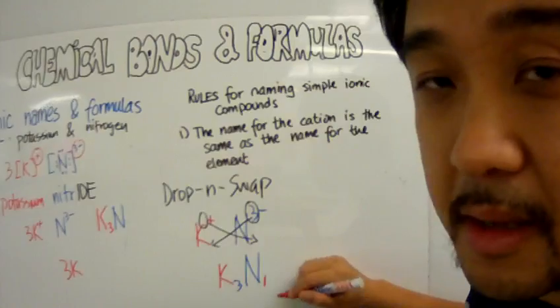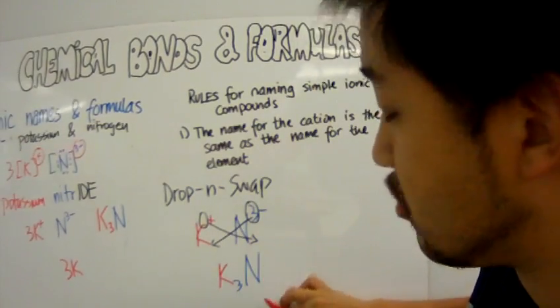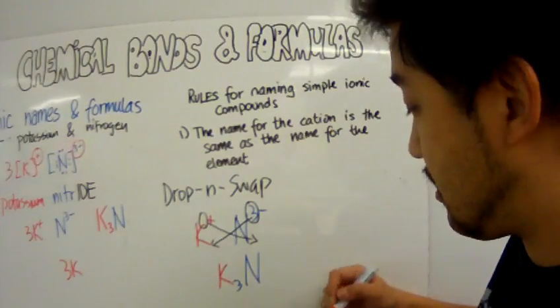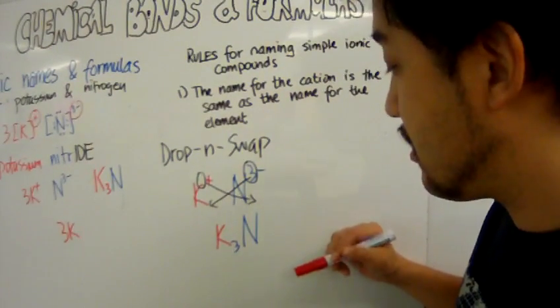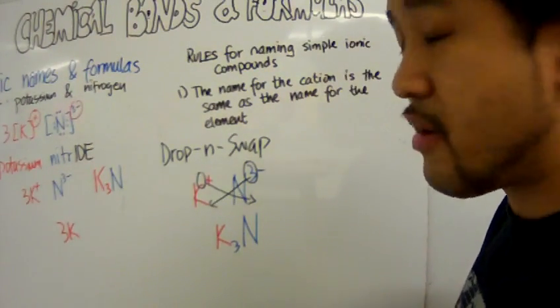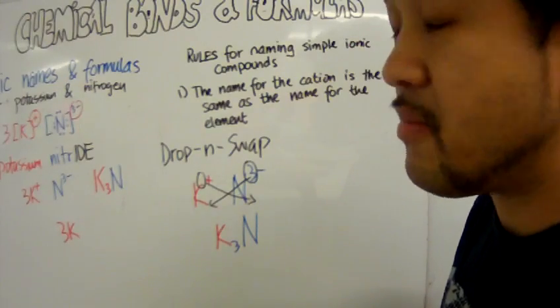We have 1, but because it's 1, we don't write it down, and so it is represented like that. Okay? Wonderful. So there you go. Techniques to write names and formulas.